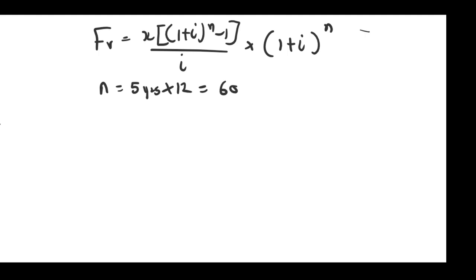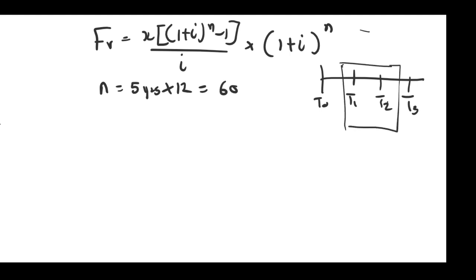But now, since you paid earlier, you paid 3 months before. Normally, let's say this is the timeline, and this is T0, T1, T2, T3, and you paid just 3 months before. So we're going to consider only 2 terms, so we're just going to say minus 2 here.